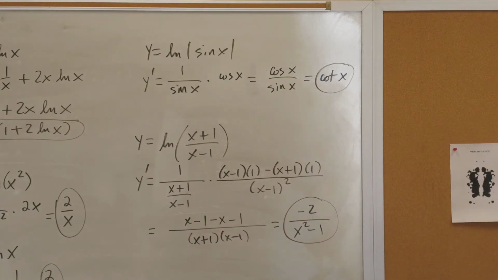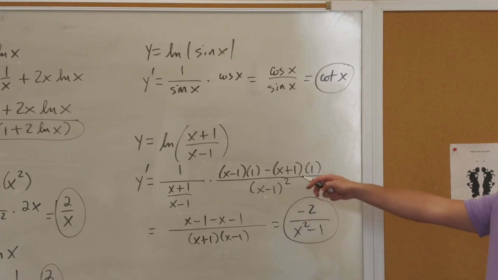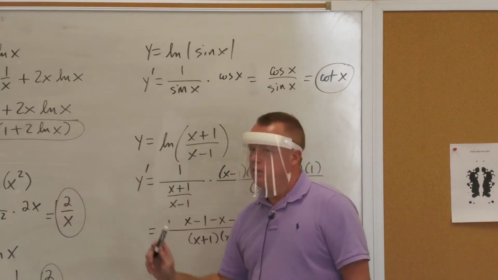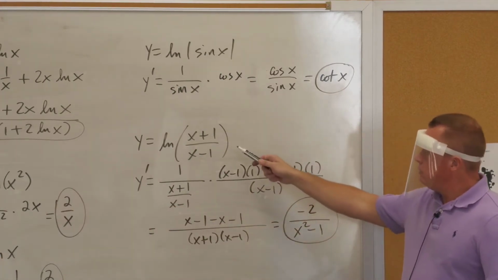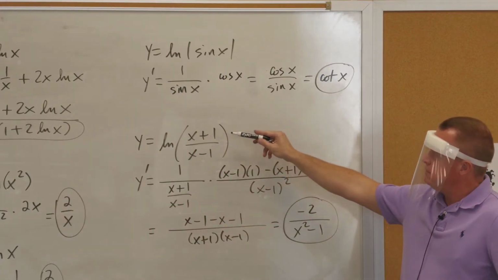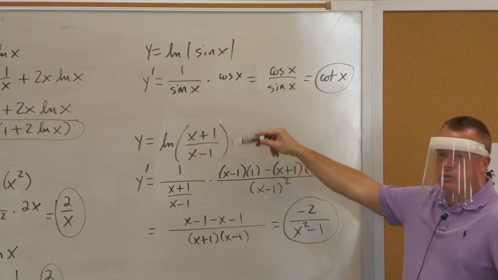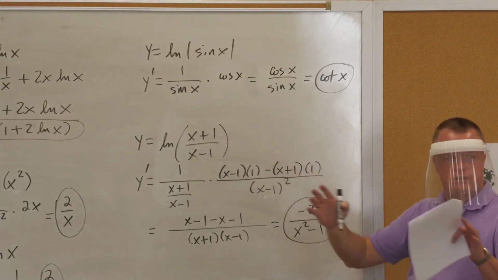Okay. What would be another way you could do that one? Along the same lines of the one that we did. Do you remember the log property where if you've got the log of a quotient, you can break it down into multiple logs?